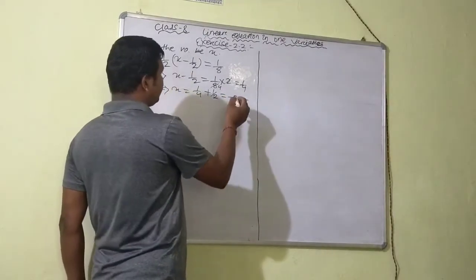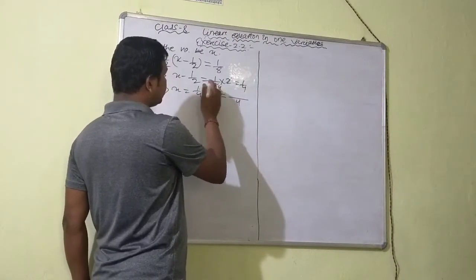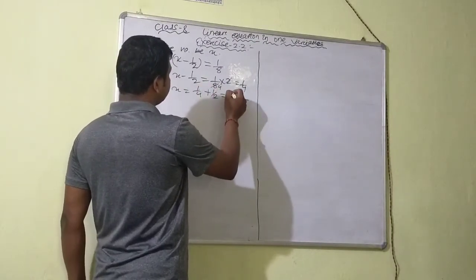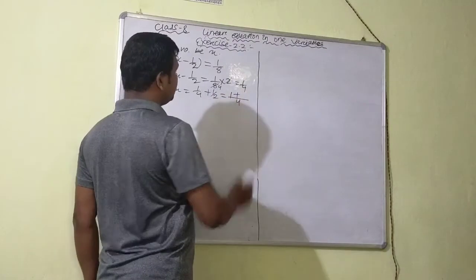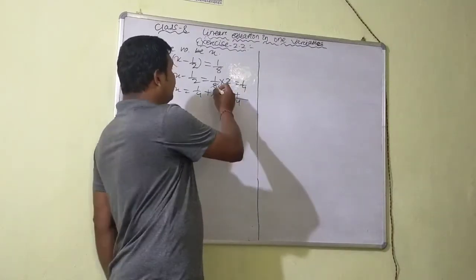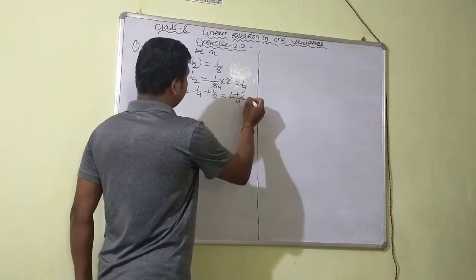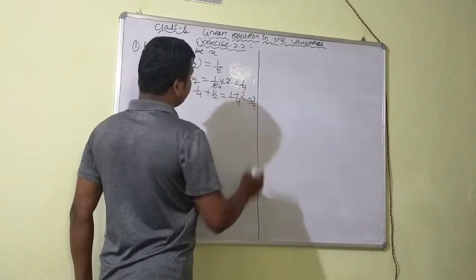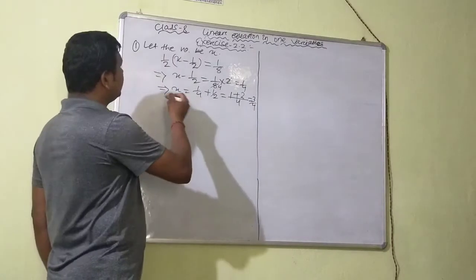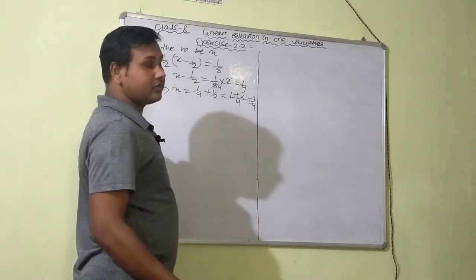So 4 1s are 4, 1 will multiply with the numerator of the first number, that is 1, plus 2 2s are 4, so that 2 will be multiplied with the numerator of the second number, that is 2 1s are 2, which is equal to 3 by 4. Okay. So we got x equal to 3 by 4.